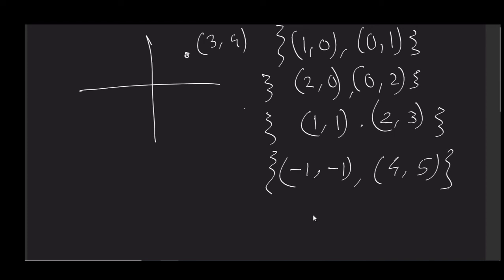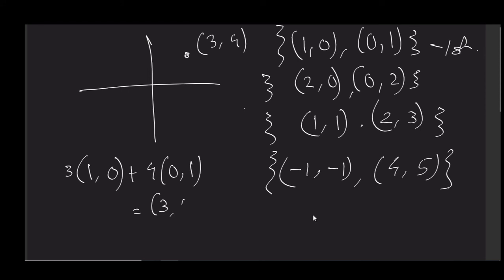Obviously here when you are trying to represent 3 comma 4 with your first basis, it should be 3 times 1 comma 0 plus 4 times 0 comma 1, that would result in 3 comma 4. However, when you choose your second one, it will be like this, 1.5 and 2. When you are selecting your second basis, these 1.5 and 2 must be constant for your representation, as long as you are considering this particular point.